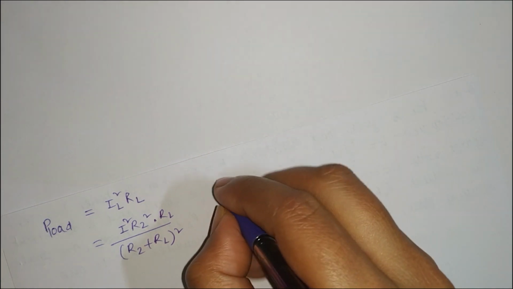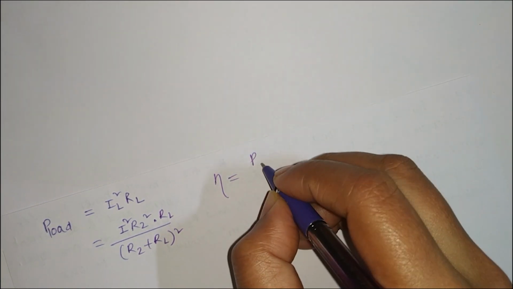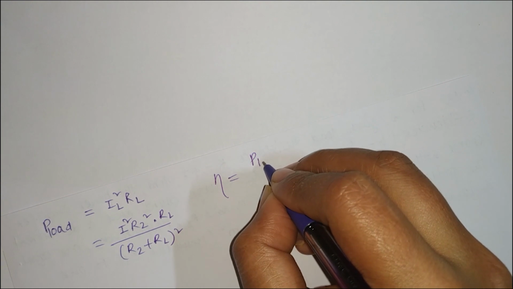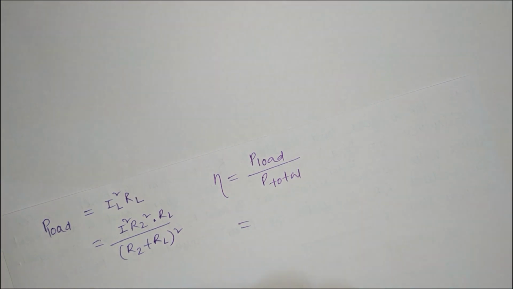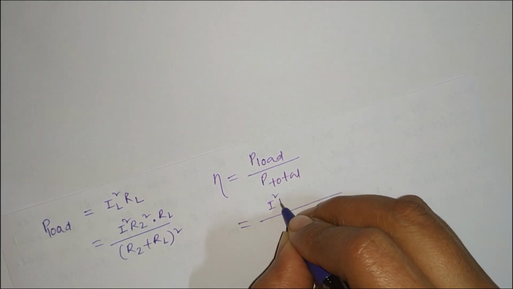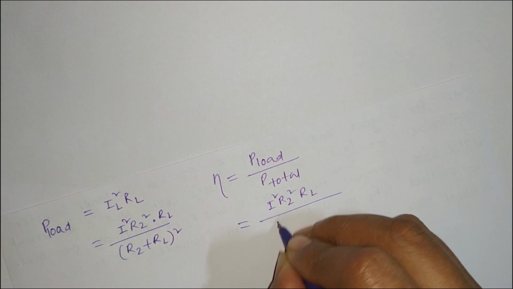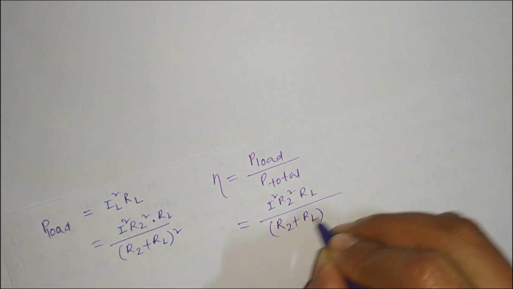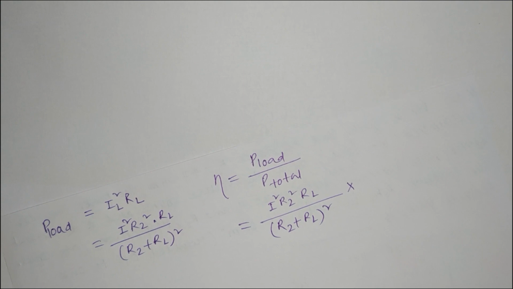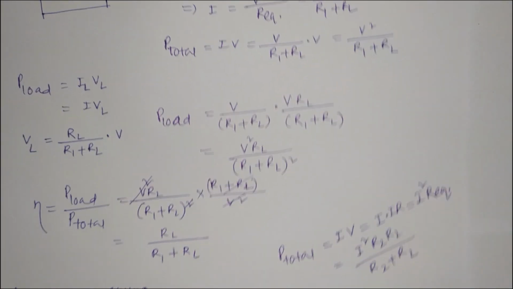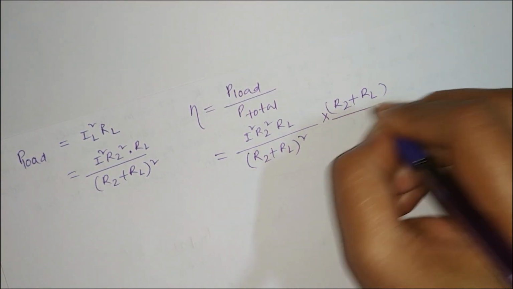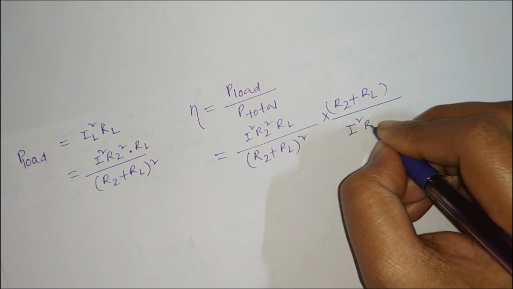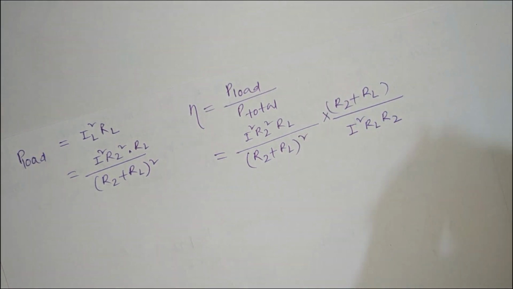So now eta equals P load divided by P total. P load is I square R2 square RL divided by R2 plus RL square, into P total, which is R2 plus RL divided by I square RL R2.